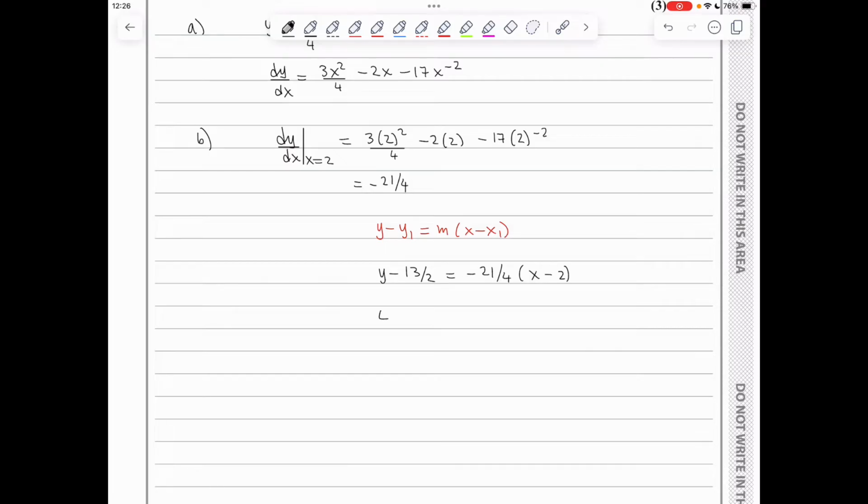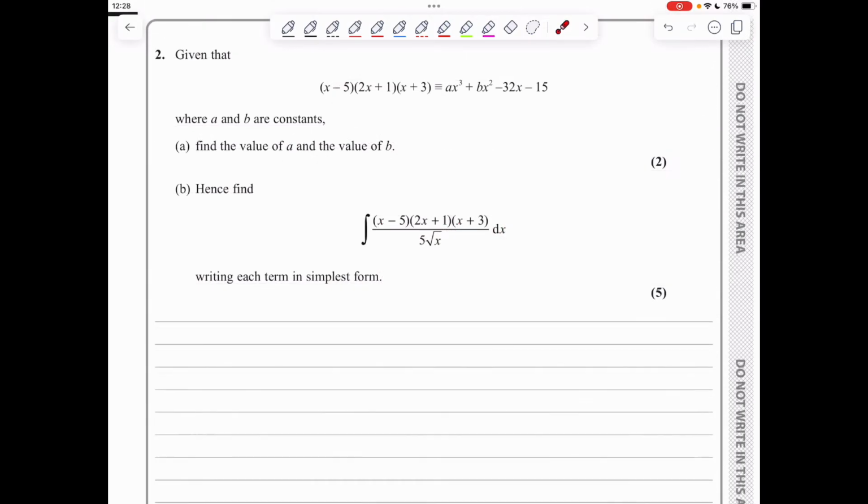This will give us 4y minus 26 is minus 21 times x minus 2. We got rid of the denominators. We can now expand to get 4y minus 26 is minus 21x plus 42. And now I'll collect everything on the left hand side to get 21x plus 4y minus 68 is 0. This is the equation of the tangent in the required form.